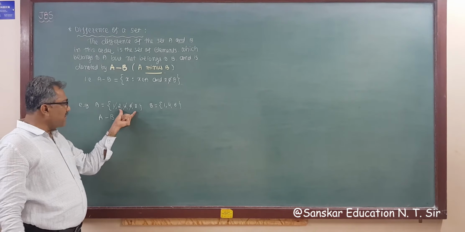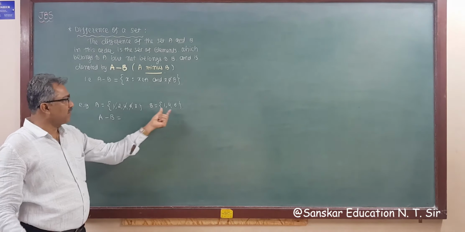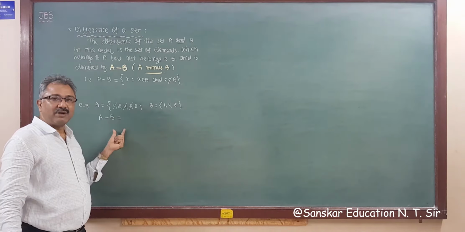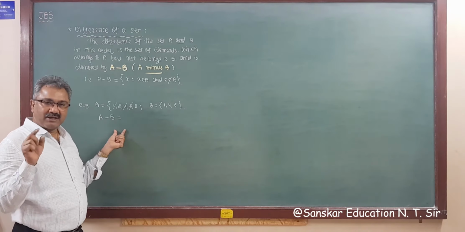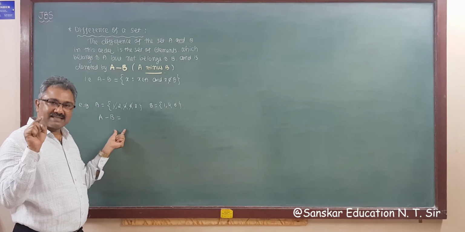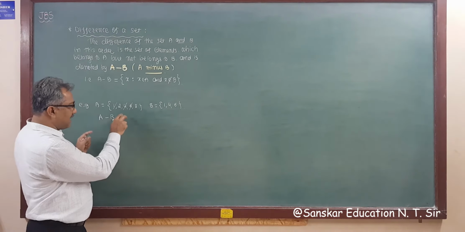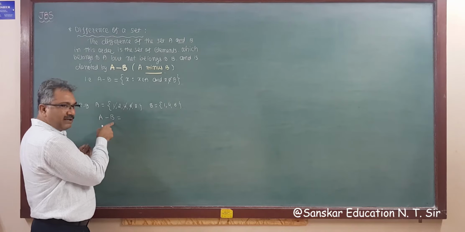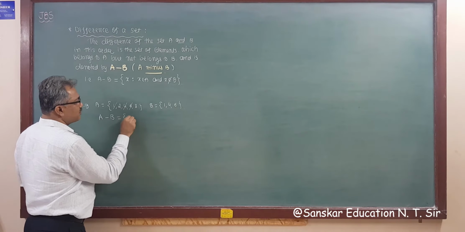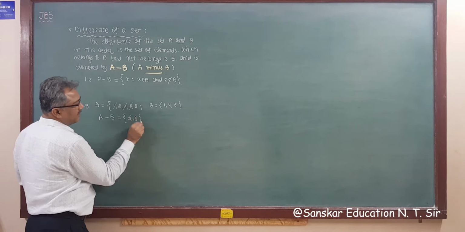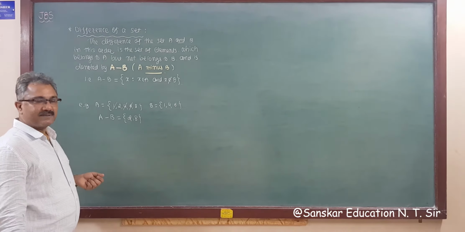So these, 2 and 8, are in A but not in B. So this is called A minus B. That is, {2, 8} is called A minus B.